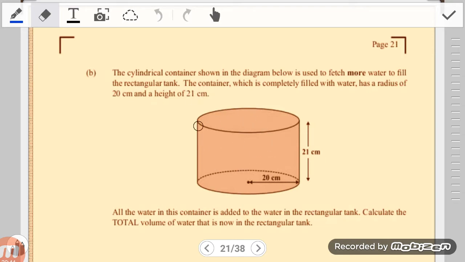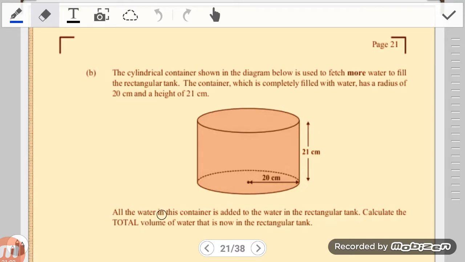And they're saying that it is completely full. So that means if I were to take this container and catch some water, it's going to be completely full to the brim. So what we're looking at here is the complete volume of this container, and we're going to be putting water into it to pour into the tank.